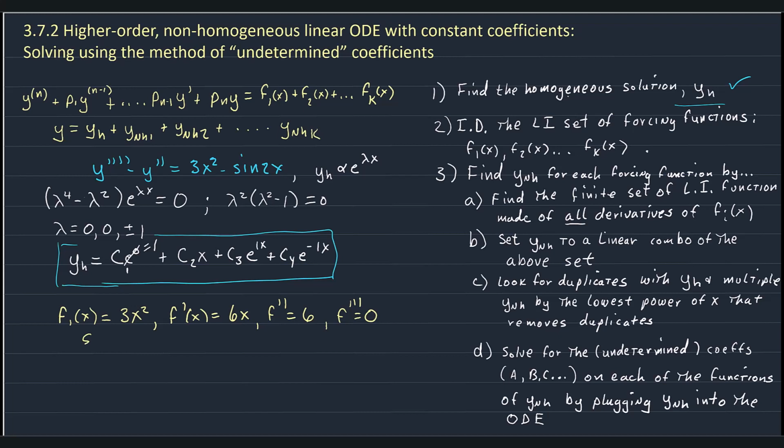So this finite set here is 3x squared. Sorry, let's remove the coefficients. We don't need the coefficients because we're going to actually solve for those. So just looking at the functions themselves, we have a function of x squared, we have a function of x, and we have a constant function which is multiplied by 6. So we'll denote that as a function of 1.